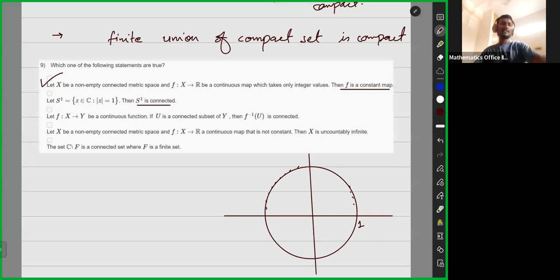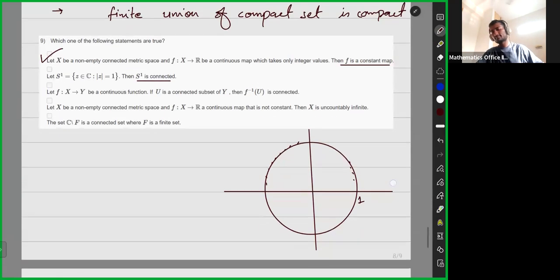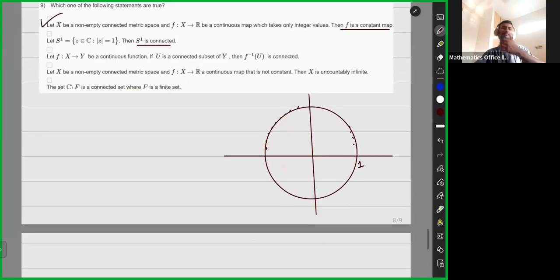So you are saying that it is correct. You can speak to me by unmuting yourself. How will we say this is connected? Okay, you don't want to say, but let me explain how it is connected.